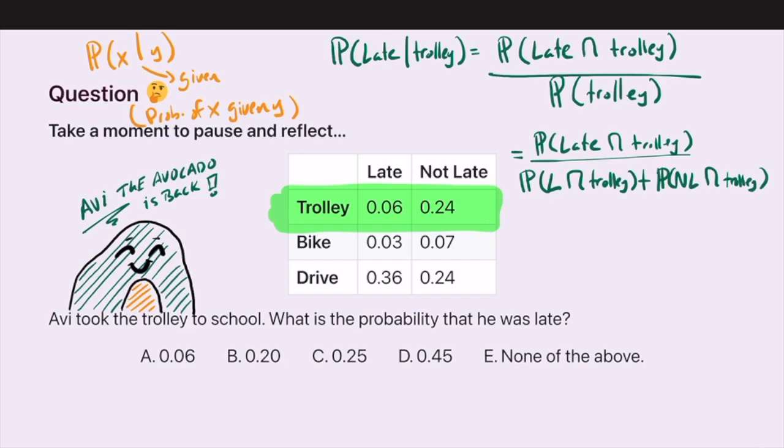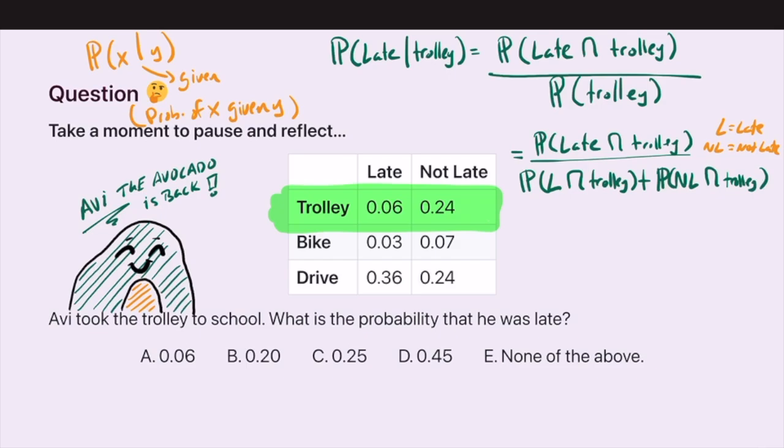So let me just, we're running a little bit out of room. Here, L equals late, and L equals not late. All right.